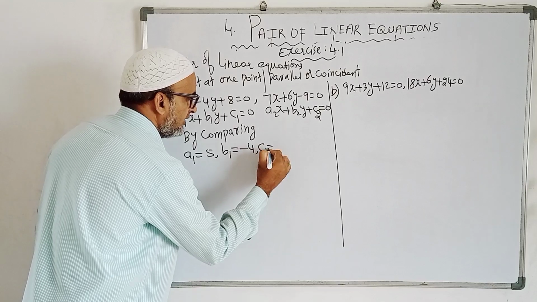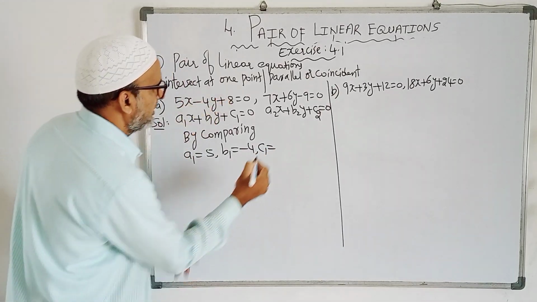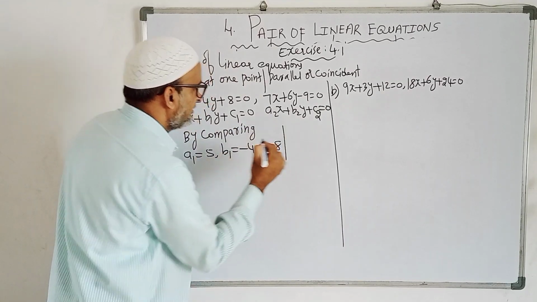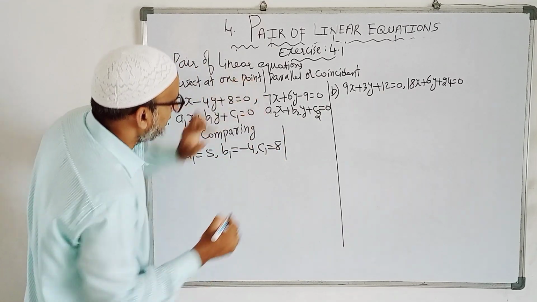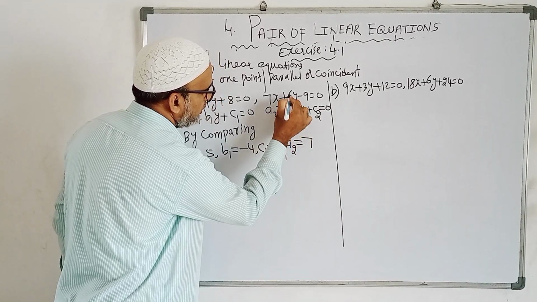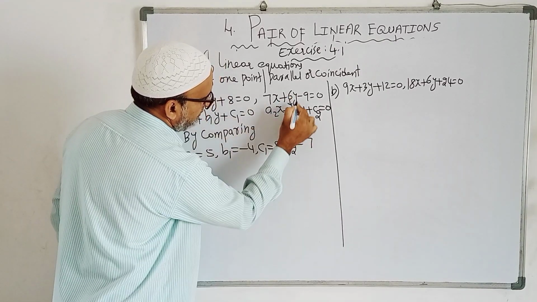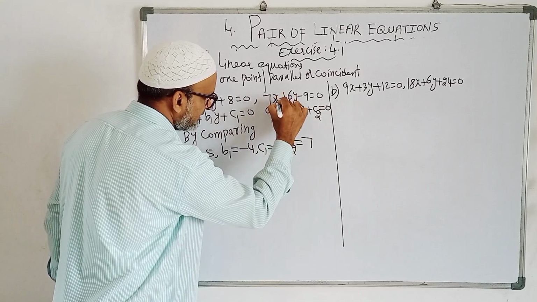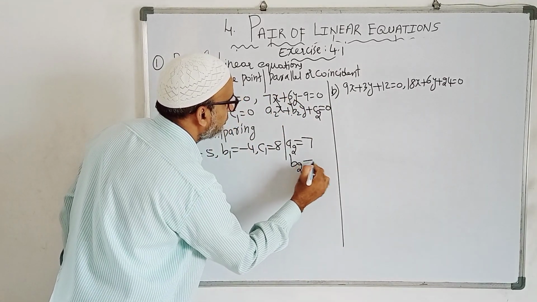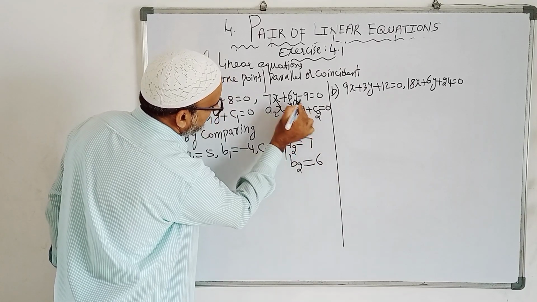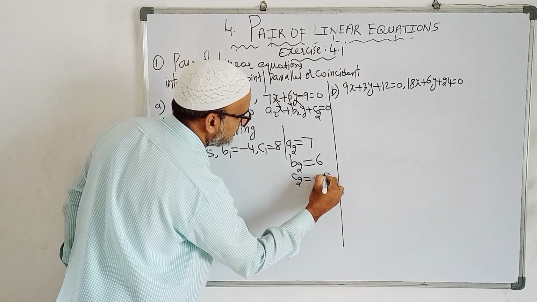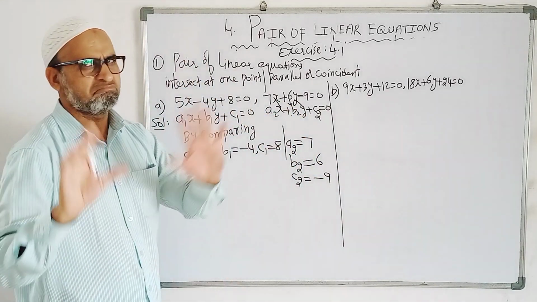C1 is equal to plus 8. Coming to here, A2 is equal to 7, B2 is equal to 6, since y is compared here and x is compared here. Here plus, here minus, so C2 is equal to minus 9. This is very good.